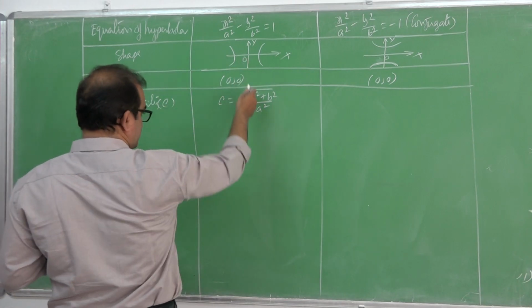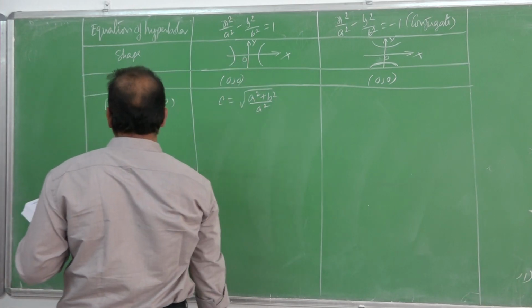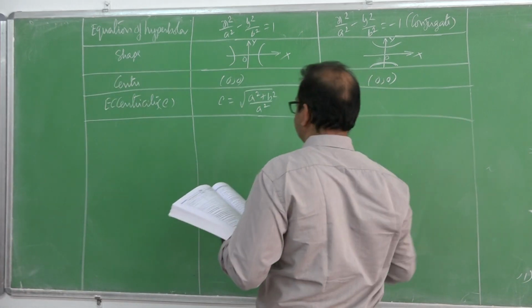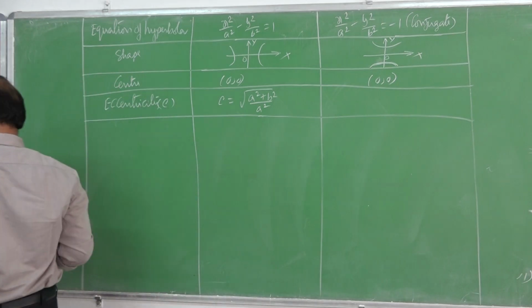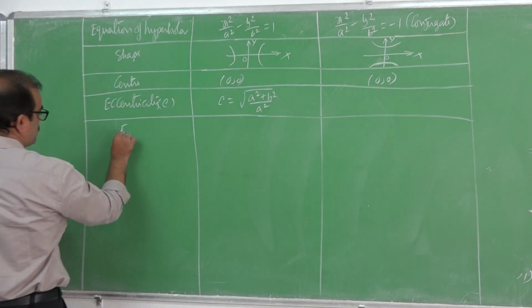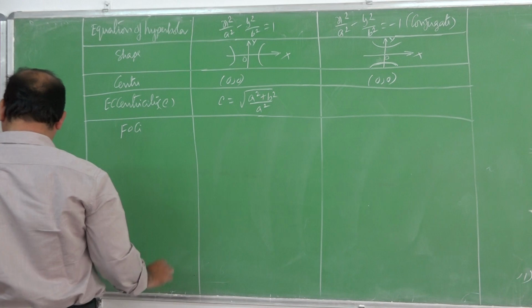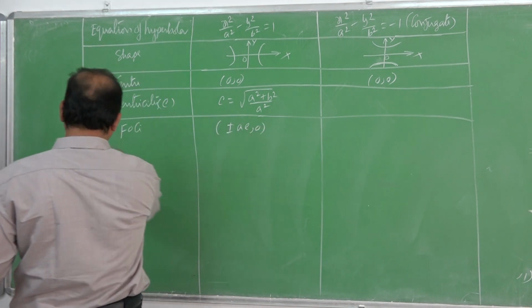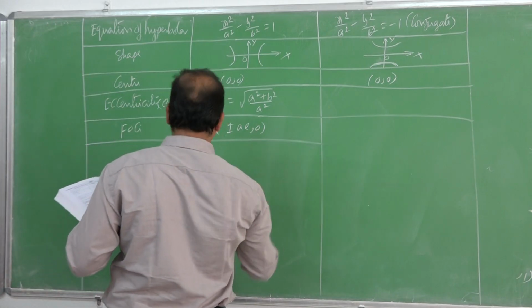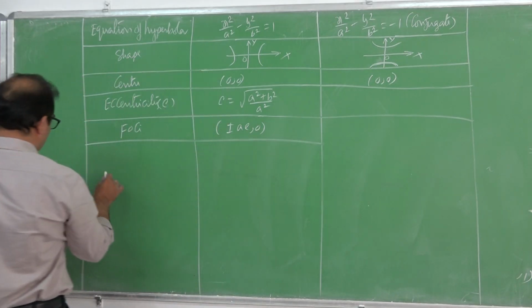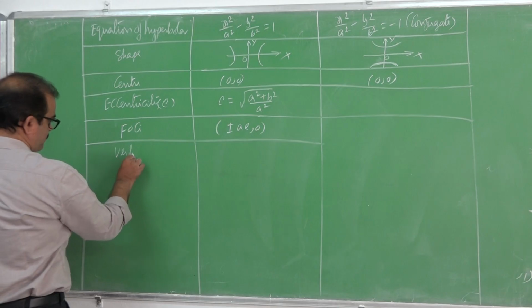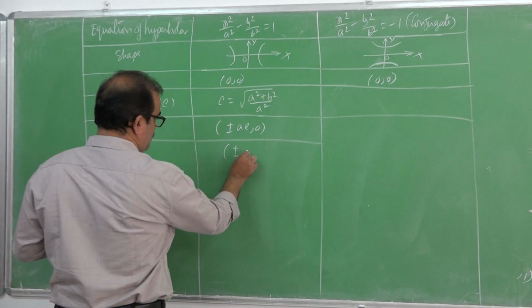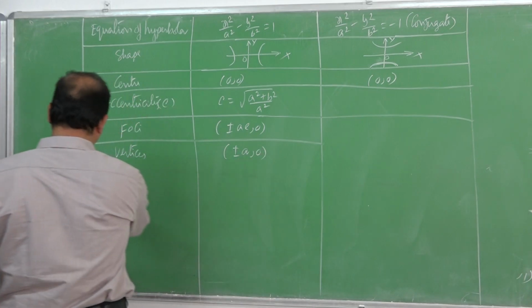First you write the measurements of this hyperbola. Next, foci: plus or minus a comma 0. Next, vertices: plus or minus a comma 0.